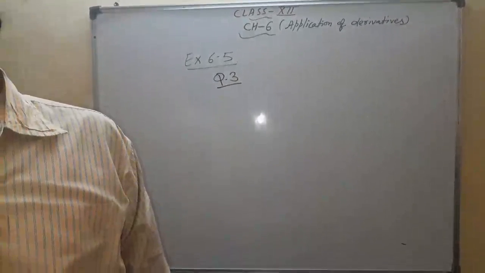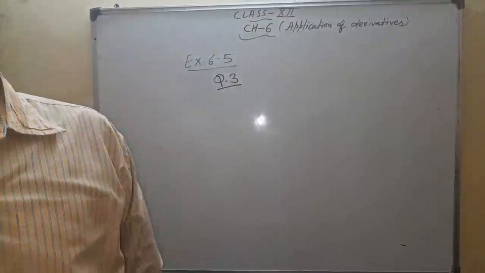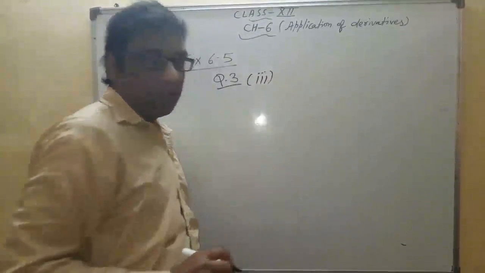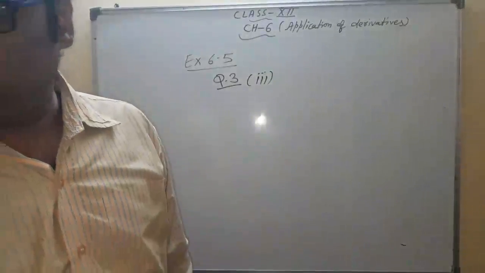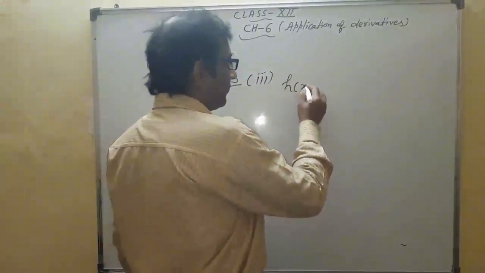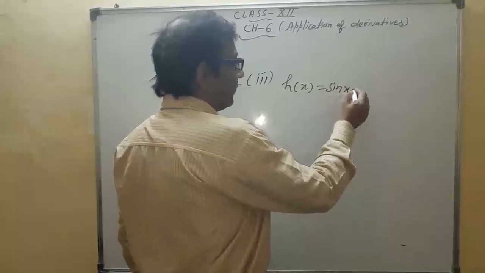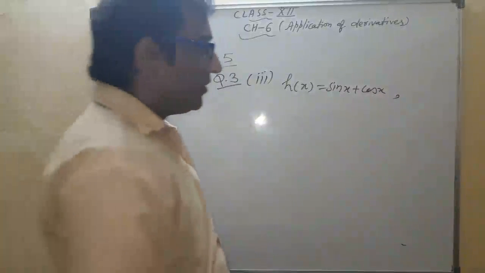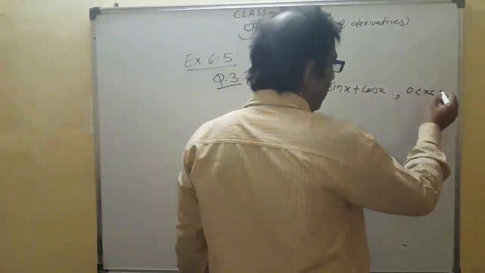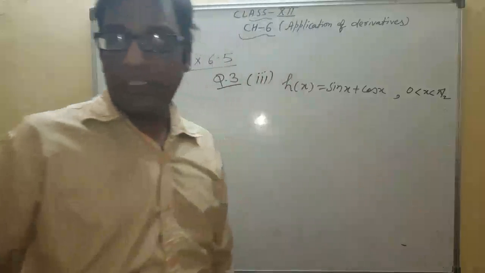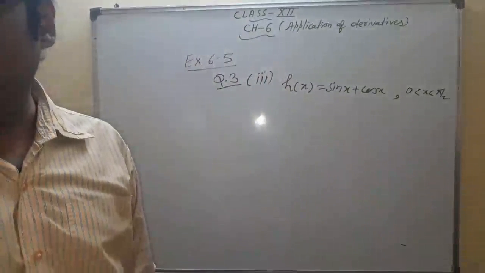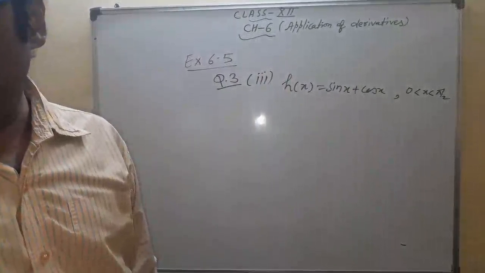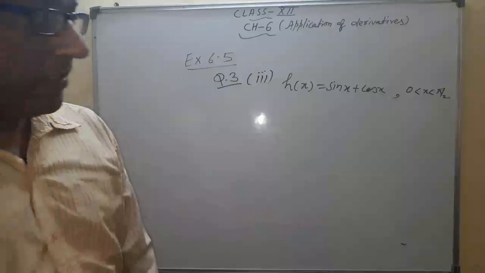I am taking the 3rd part of this question, and the 3rd part is h(x) equals sin x plus cos x, where x lies between 0 and pi by 2 in the open interval.